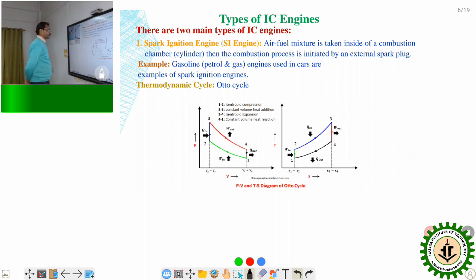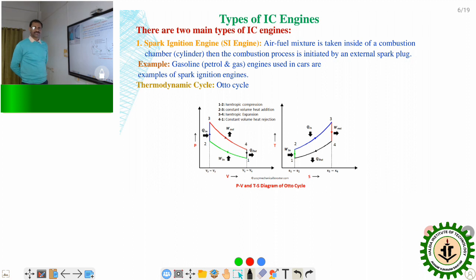Here 1 to 2 is the compression, which happens in an isentropic process. At 2 to 3, the end of compression, ignition will occur and the charge will be ignited, so heat energy will be added to the cycle.